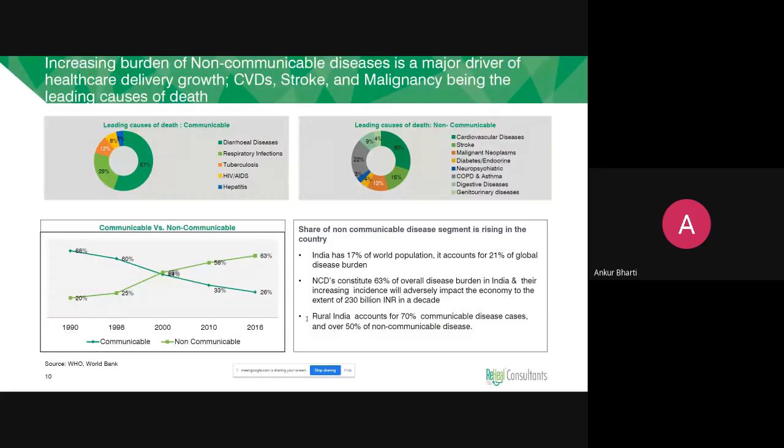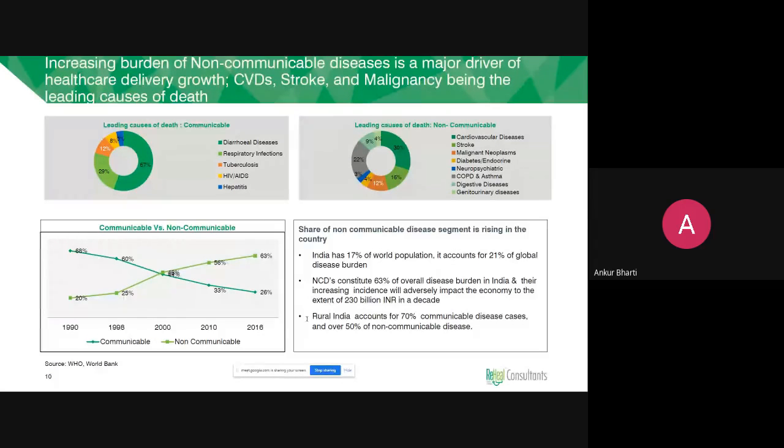You can see this graph, the fish graph, completely turning towards the opposite. And this has changed very rapidly. You can say I was lucky or unlucky in that sense that this actually changed during my career. When I started consulting in 2006, non-communicable was still smaller. But just in the last 10-15 years, non-communicable diseases have taken up the whole healthcare burden in India also.